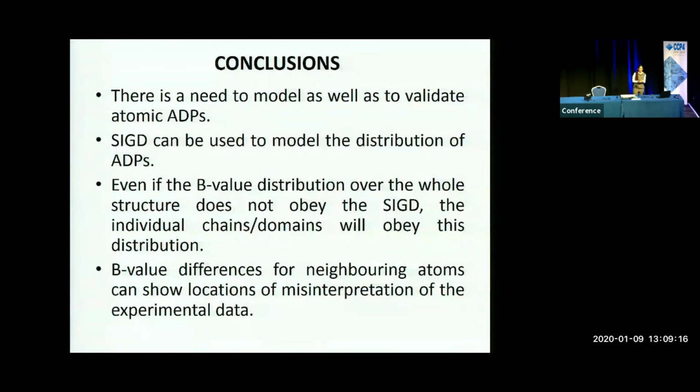If the B-value distribution over the whole structure does not obey the shifted inverse gamma distribution, the separated chains and domains will behave like shifted inverse gamma distributions. B-value differences for neighboring atoms can show the locations of misinterpretation of the experimental data.